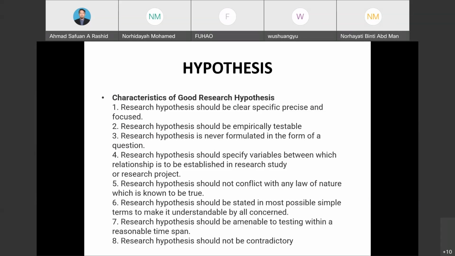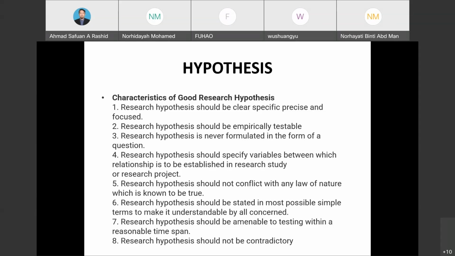A research hypothesis should be empirically testable, meaning it is based on sets of data by previous researchers. We carry out this study just to put in the previous empirical data that has been gained.